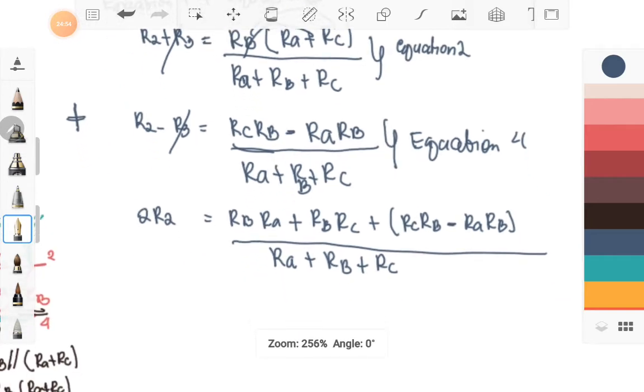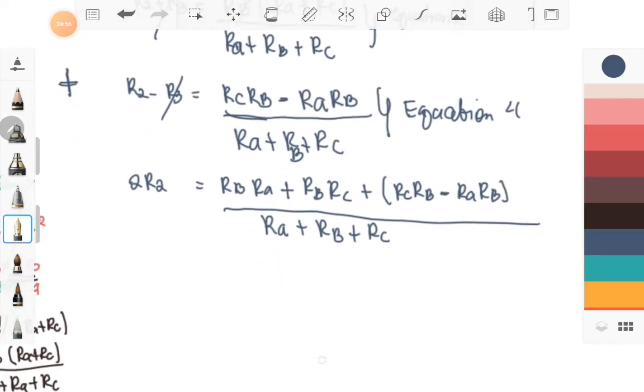Okay? So, since your negative RA RB plus positive RB RA is equal to 0. So, bakit naging 0 yan? Babaliktarin mo lang yung RB dyan, parehas na sila.